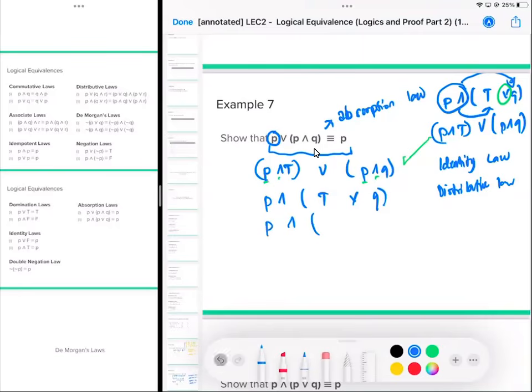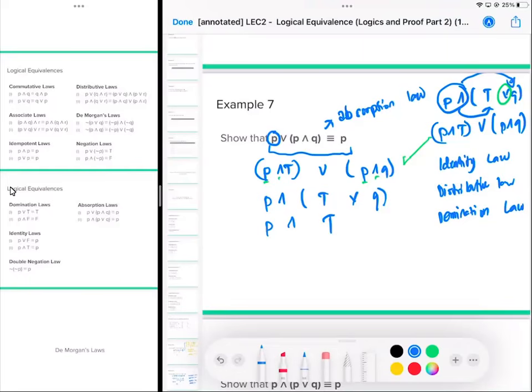So this can be evaluated into what? This can be evaluated into true, okay, using the domination law. Okay, so this is the domination law.